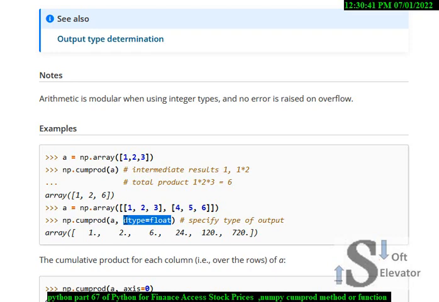So we have 1, 2, because 1 times 2 equals 2, and then 2 times 3 equals 6, and then 6 times 4 is 24, and then 5 times 24 equals 120, and then 6 times 120 equals 720.